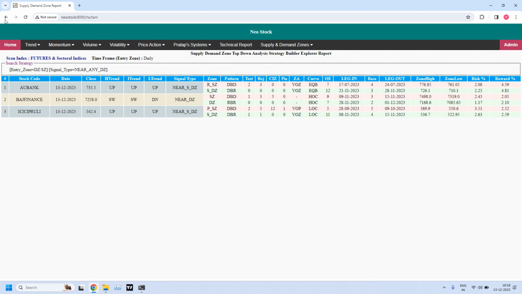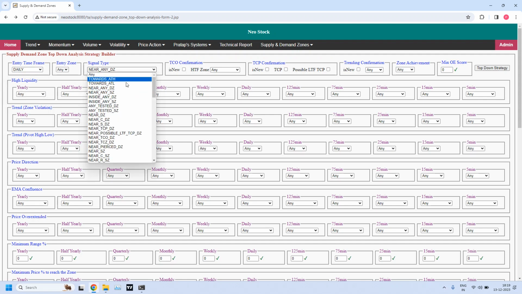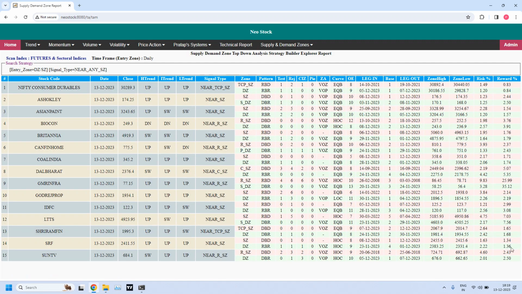Now let's go back. Entry time frame is daily. Let us find the stocks which are near the daily supply zone. 15 supply zones are filtered. Let us look into the high liquidity supply zones. Biocon is a high liquidity supply zone, fresh zone.